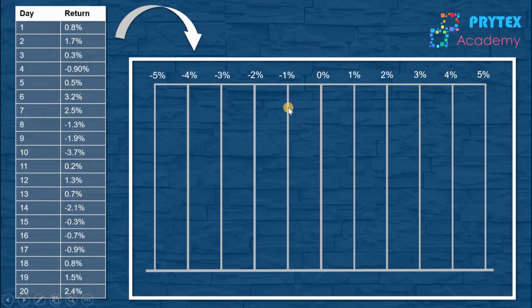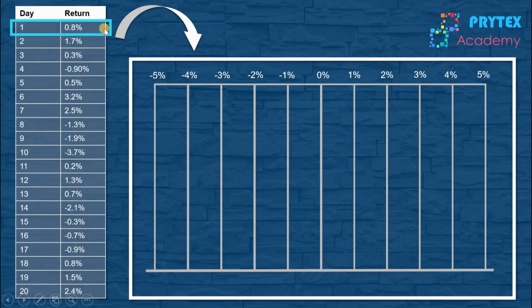Each bin has a lower limit and an upper limit. For this particular bin, where we are hovering our mouse pointer, it has a lower limit of -1% and an upper limit of 0%.